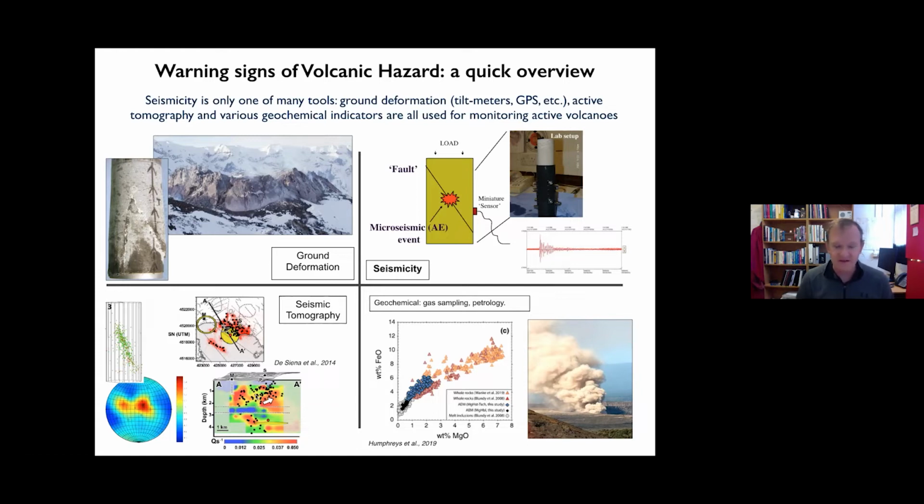That can be a useful tool as well. And finally, geochemical indicators. Volcanology has its roots in geochemistry in many ways. So the classic geochemical gas sampling and petrology are also very important. But I'm going to concentrate really on the seismic aspect in this talk.